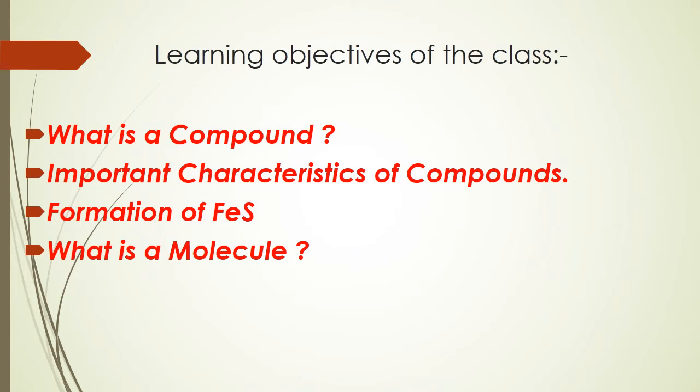In the previous class, we had already studied what is a substance, then what are pure substances, elements, what were the characteristics of elements, and how are elements classified on the basis of certain properties such as malleability, brittleness, ductility, conductivity, thermal conductivity, electrical conductivity, and sonority.